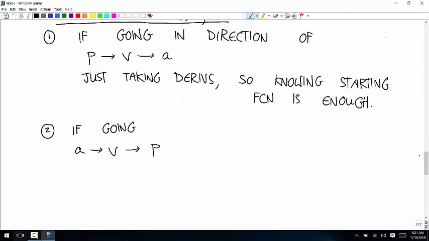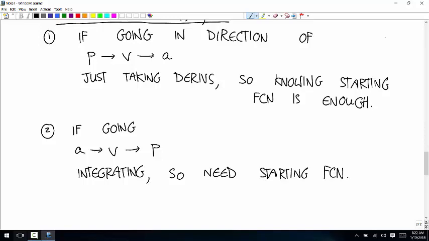And why is that? That's right, because you're integrating. And so you need to know those constants of integration. So you need a starting function and a constant of integration for each step.